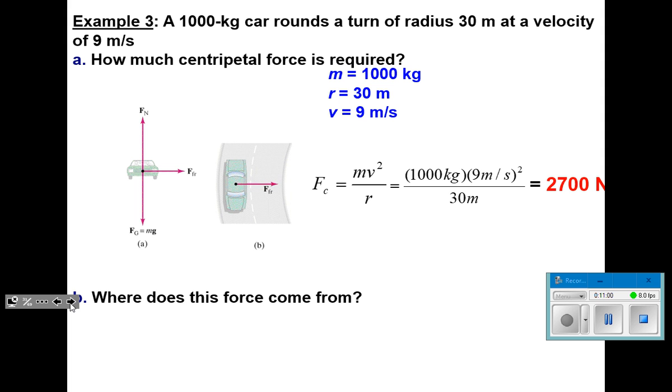What you need to realize is that it comes from the traction between your tires and the road. That is why there's a speed limit sign to go around curves most of the time, because this force has actually been calculated. Since we know this force for the normal surface of the road between the tires and the road, and we know the radius of the turn, we can calculate the speed that you can go around the curve.